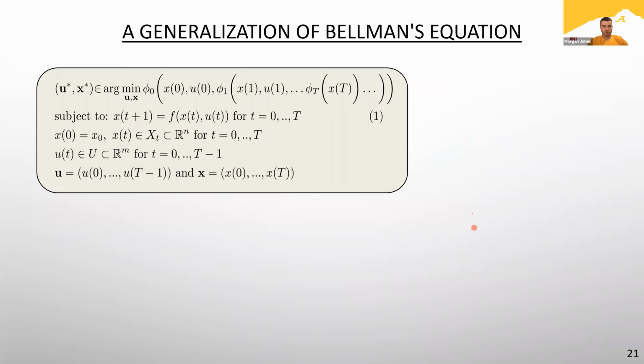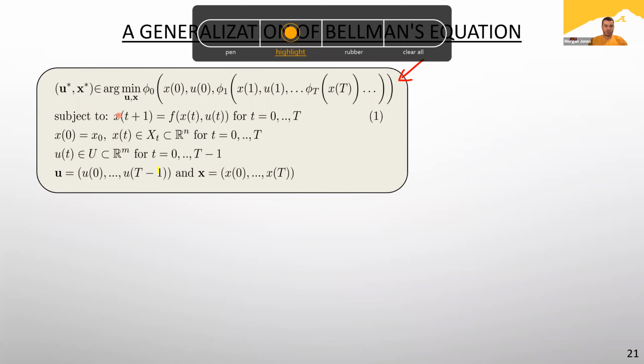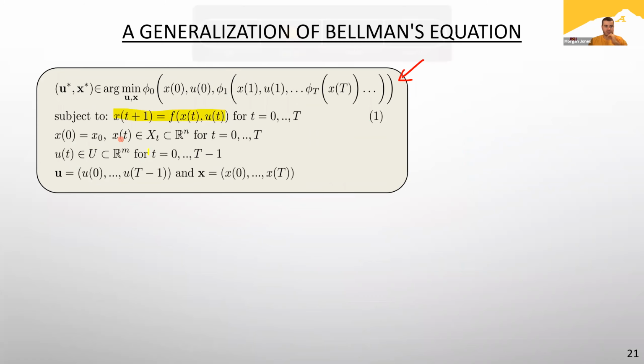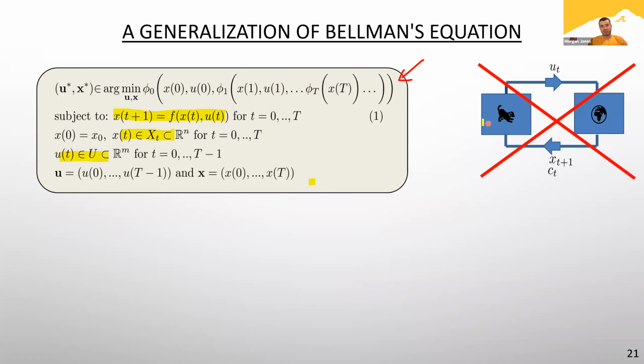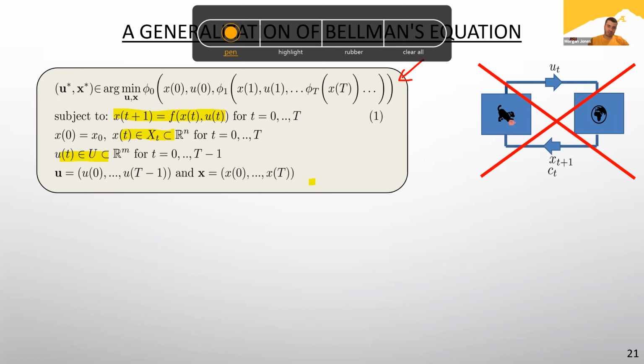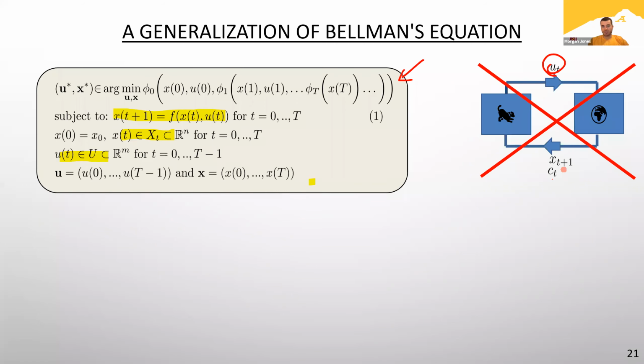So if we consider a multi-stage optimization problem that has this type of objective function that's monotonically backward separable, and it has the usual dynamical equation and state constraints and input constraints, then clearly, because of the composition, this is a generalization of the classical case where you make an input and you get a cost based on the previous input and state.